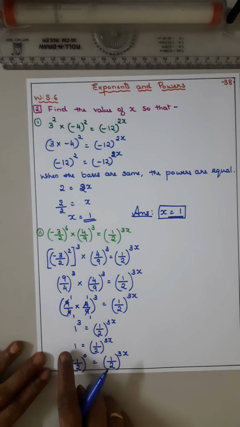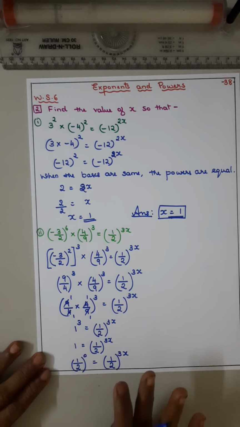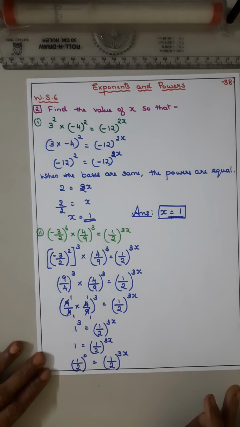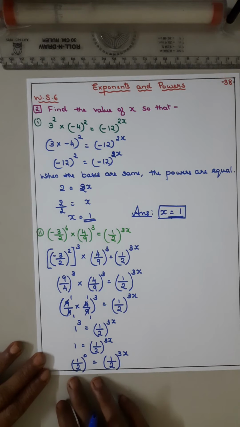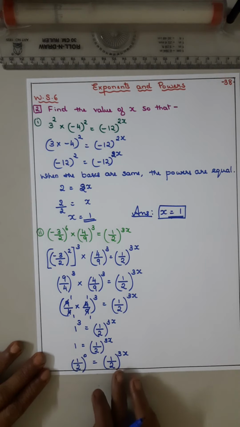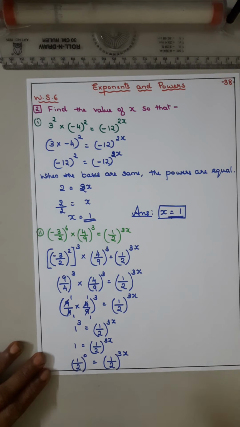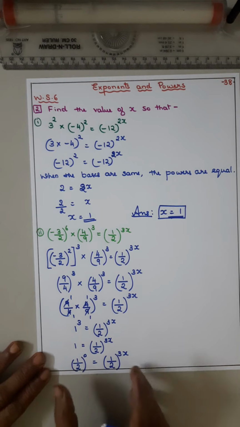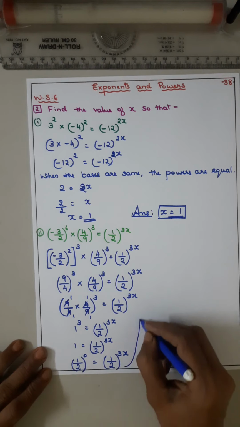Whenever you get 1, what we have to do? बेस को वही रखो और पावर 0 डालो. Whatever the base here, the same base put it here and put the power 0. Now the bases are same. Now equate the powers. So what will we write?